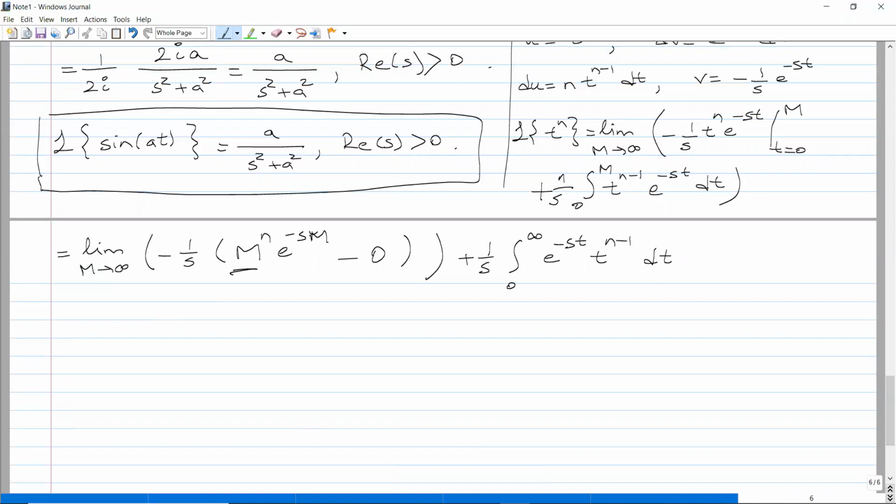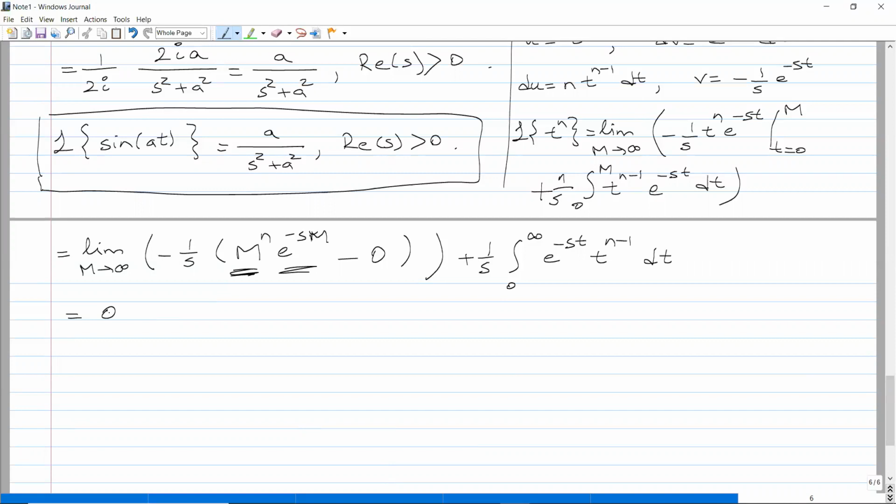Now, this limit is a power of m compared with the exponential function. When the coefficient of m in the exponential is negative, this limit is going to be 0, because the exponential is in the denominator. You can use L'Hopital's rule n times or n plus 1 times to get this limit to be 0.